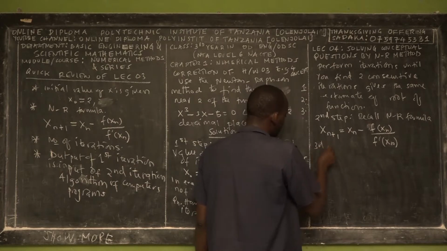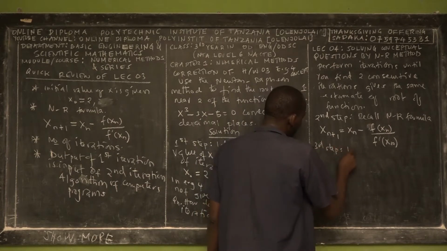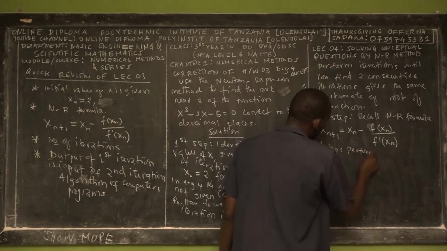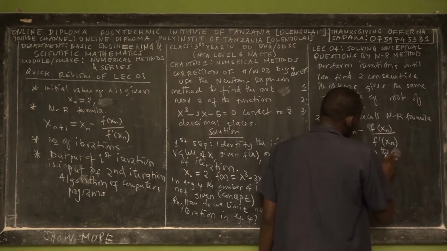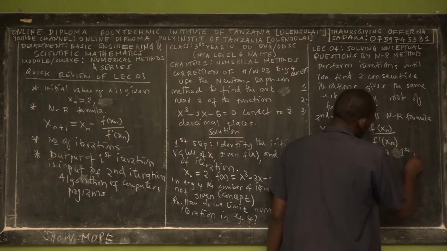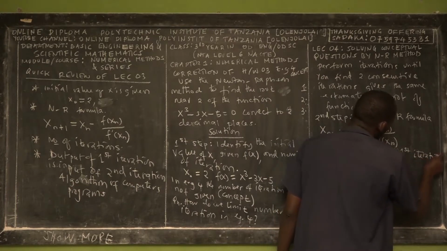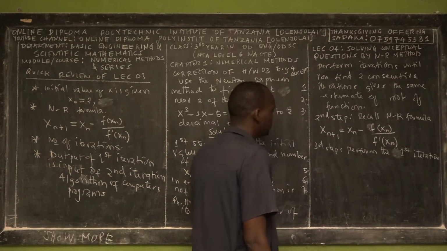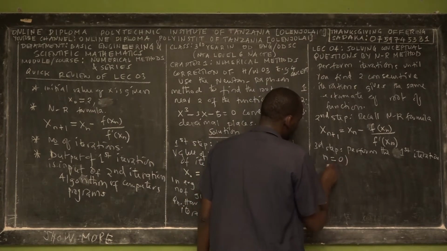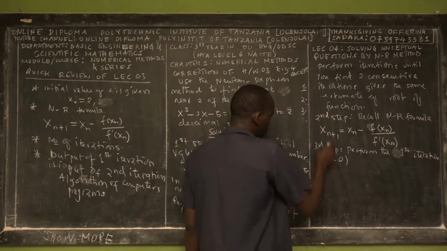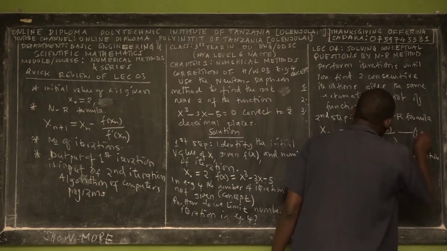For the third step, let me and you perform the first iteration. For the first iteration, the value of n is 0. Suppose that this is equation 1.